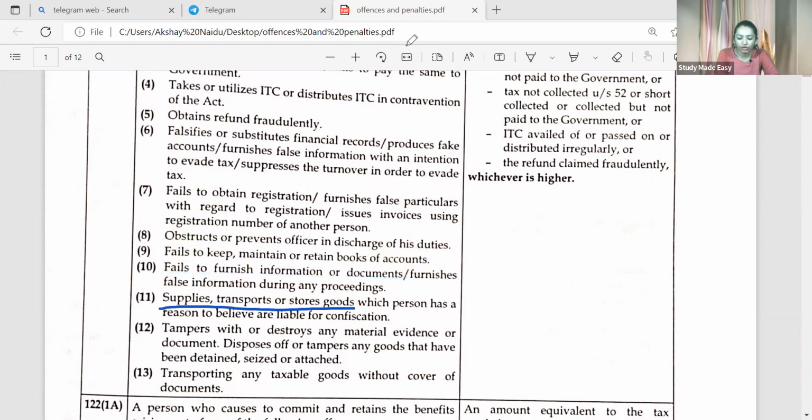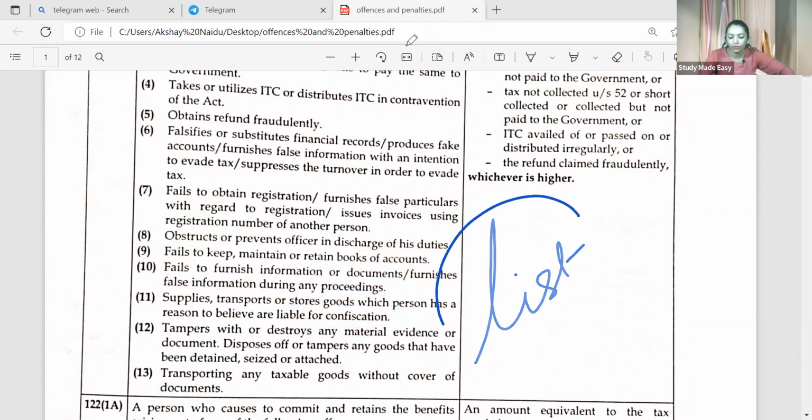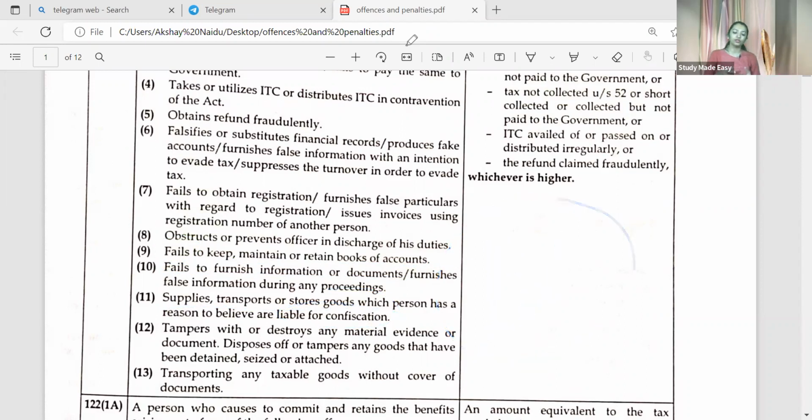You transport, store, or supply goods that are liable to confiscation. This is a list of when section number 122 will be applicable. So what you do? Either you transport, supply, or store such kind of goods that are liable to confiscation. You tamper with or destroy any material evidence.